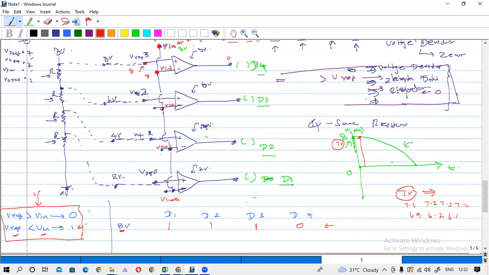For example, let's say that V in is now 6.4. So here Vref is 8 volt, V in is 6.4. So Vref is greater than V in, so you will have 0 here. D4 will be 0.